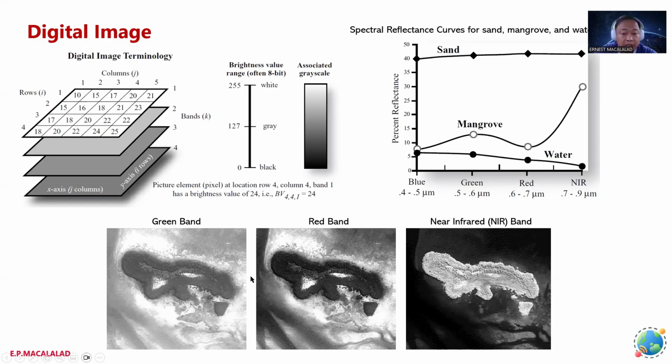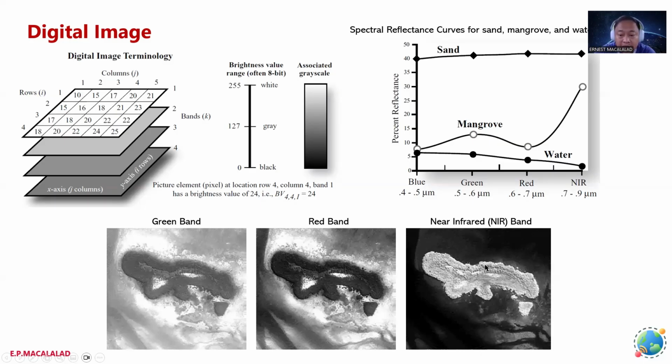So what does it mean? It means that for this specific target, it emits less red than green. But if we look at the near infrared band, the previously bright areas for the green and red bands become dark, and the previously darker areas in the green and red bands become brighter.